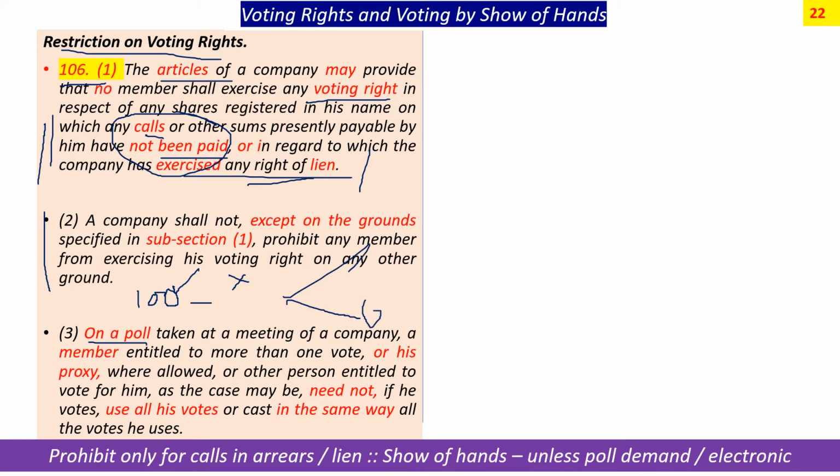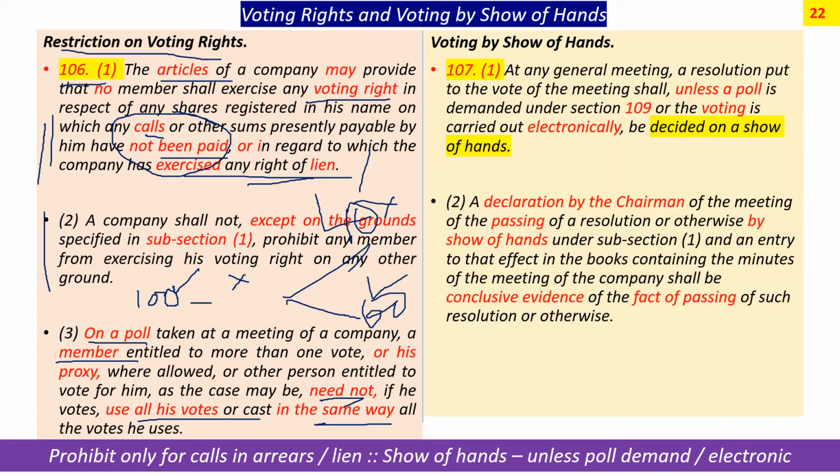You can use 60 for and 40 against. What it says is, on a poll taken at a meeting of the company, a member entitled to more than one vote or his proxy need not use all his votes in the same way. It is his right. He can use it the way he wants. He can split it. It is so far as the poll is concerned.